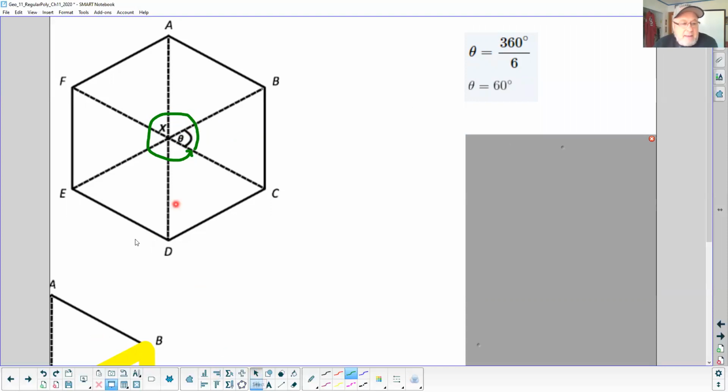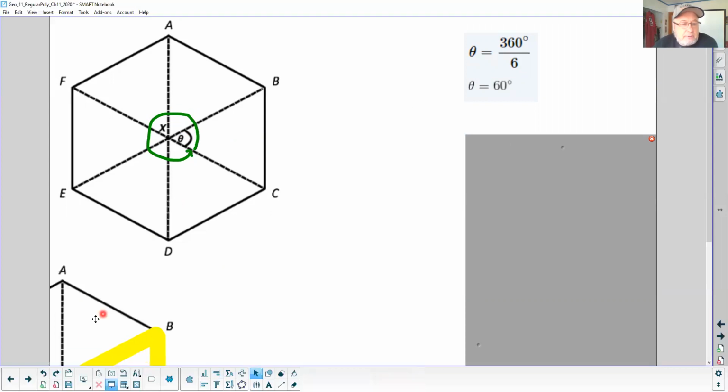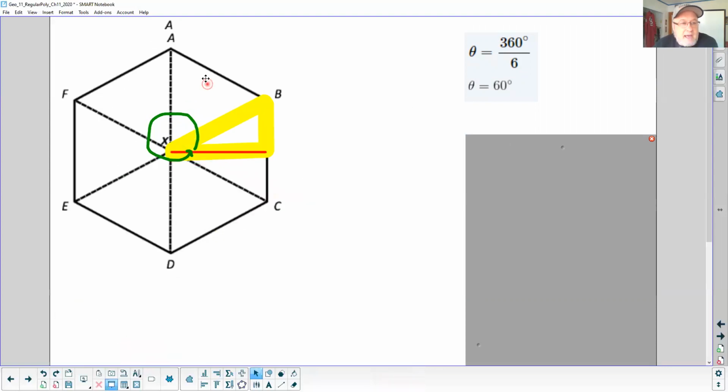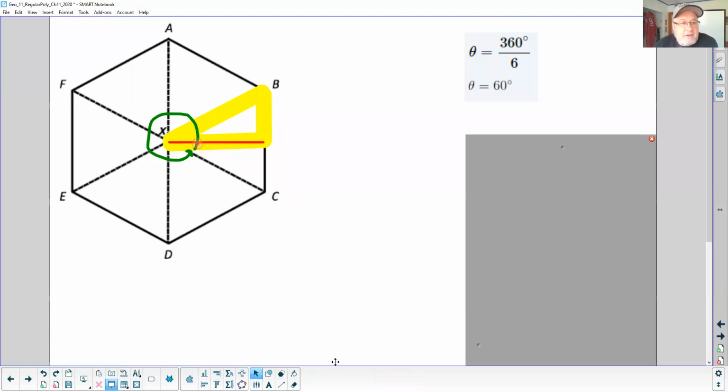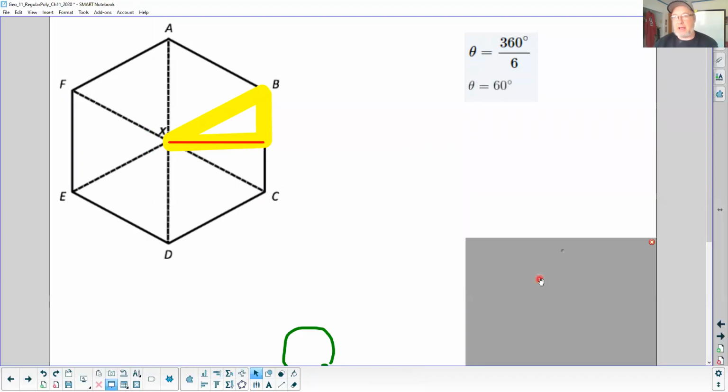So that's kind of my plan here. I'm going to put this guy right over here, which overlaps into that triangle. I'm going to move this down. I'm going to be looking at this yellow triangle that has a height of this red line. That is my plan. So now let's execute the plan.